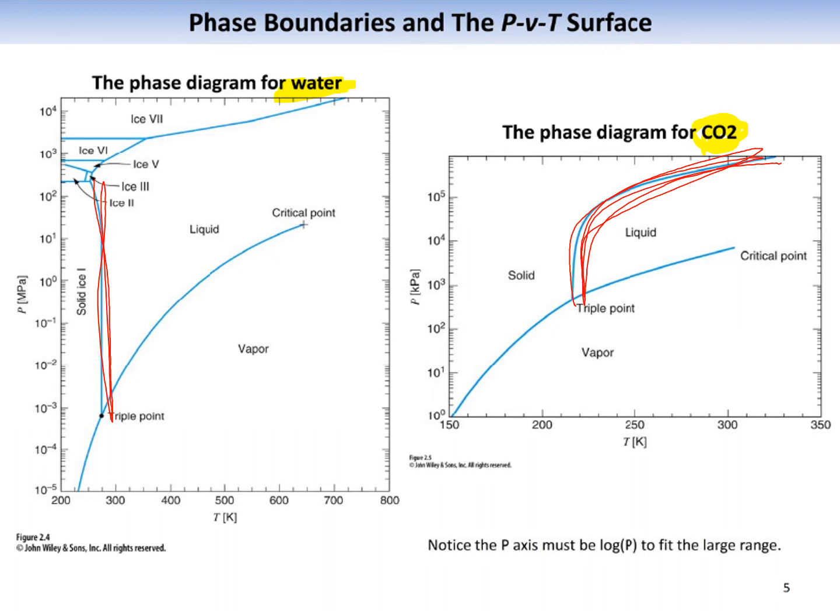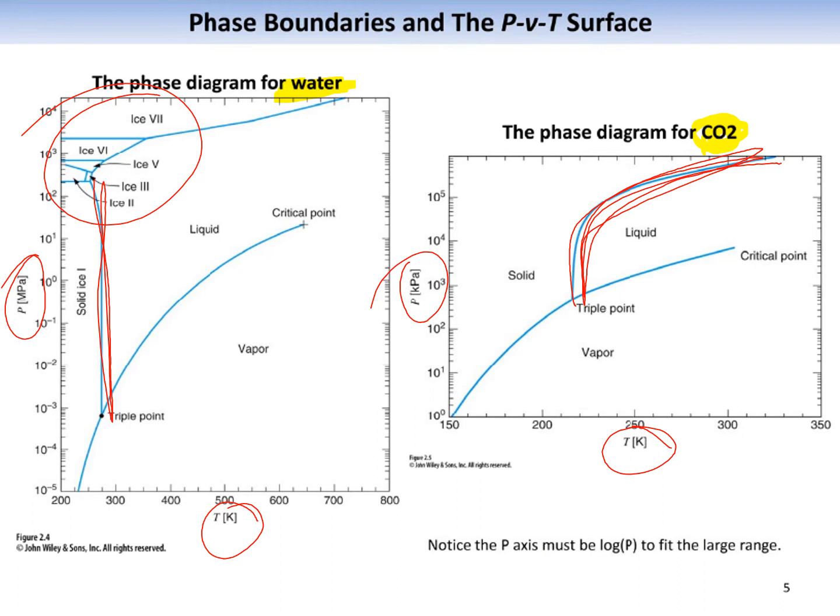But the same graph, that is the pressure-temperature graph, for water is quite different from the pressure-temperature graph of carbon dioxide. Just forget about this region. It is the crystalline structure of ice that changes if we change the temperature and pressure.